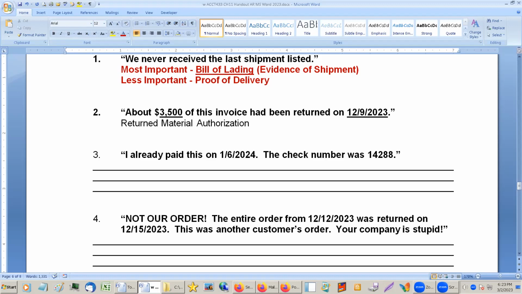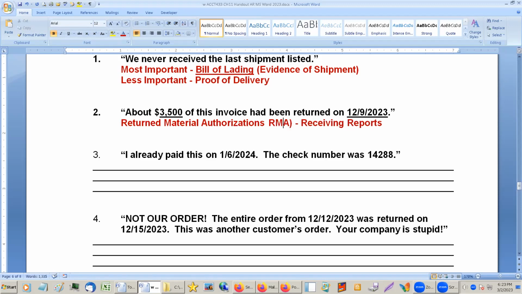Return material authorizations, but these also go hand in hand with receiving reports. I'll talk about that in a second. So RMAs, return material authorizations. You guys are sure familiar with those.